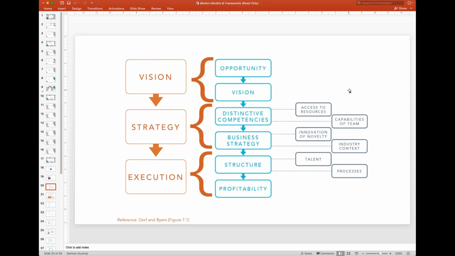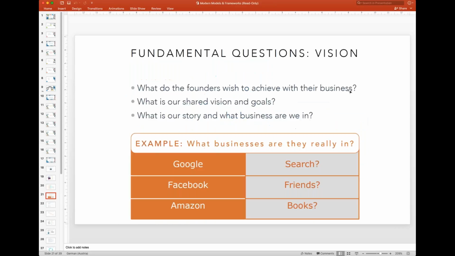Those could be business development teams, R&D teams, engineering teams, and processes. Again, a very important aspect of creating a new business is how we do things in our business: who delivers to whom, and who is dependent on whom. And last but not least, the profitability side.